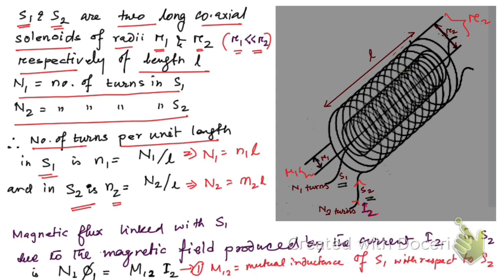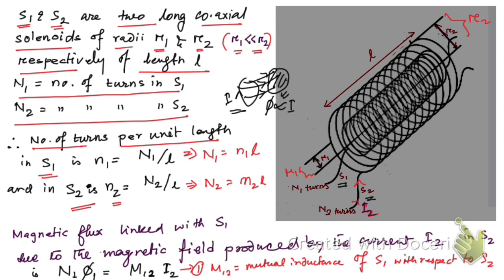to S2. As I have already explained in the definition of mutual inductance, suppose we have two coils, this one and this one. If current flows through this, and the magnetic field passes through the coil which is close to it, and if the flux through this coil, the secondary coil, is phi, then that will be proportional to I, which is the current in the primary coil.